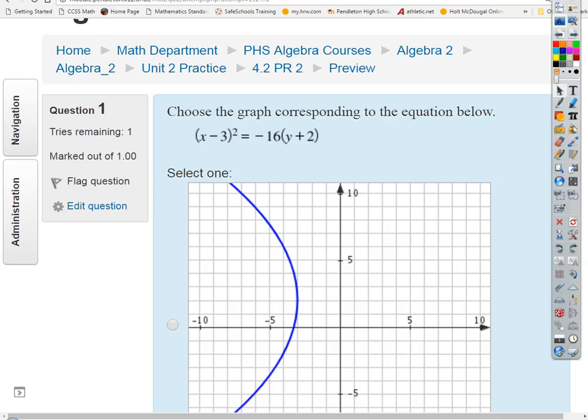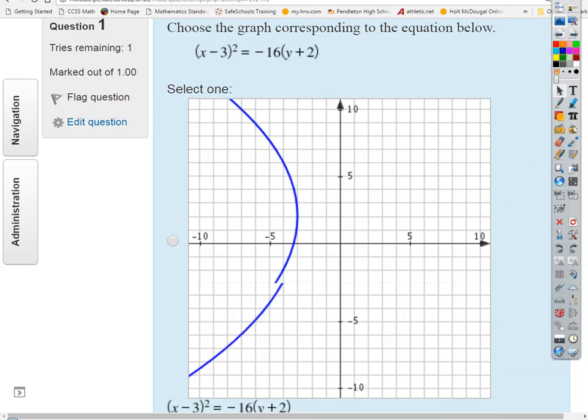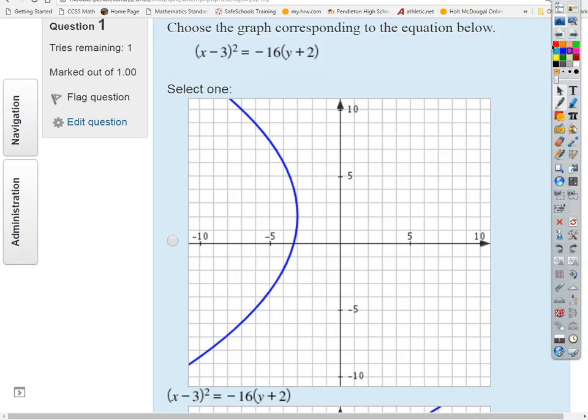Good. So what is the value of h? How do we know? Okay, because of this, right? We're going to compare this to (x minus h) squared equals 4p times (y minus k).